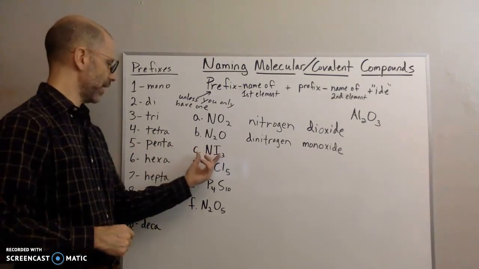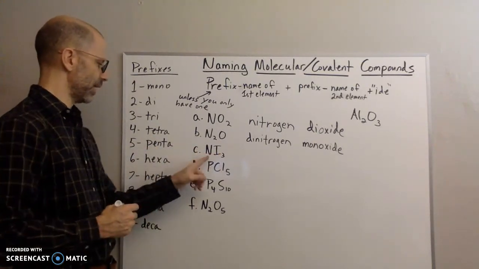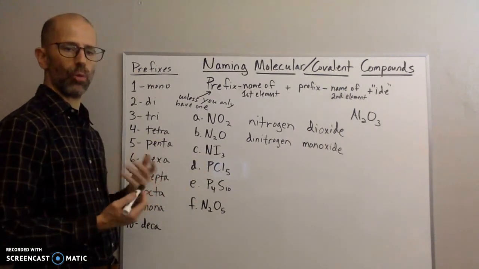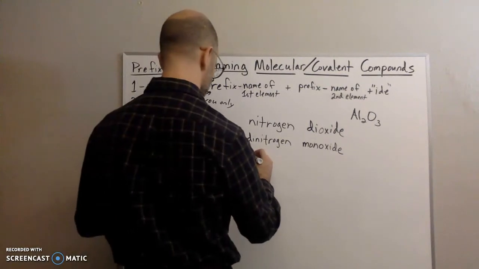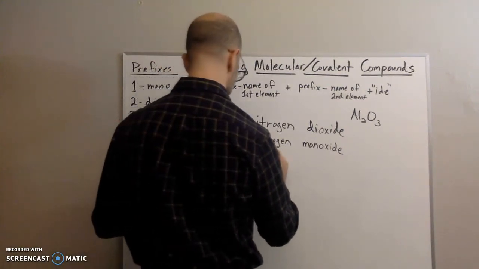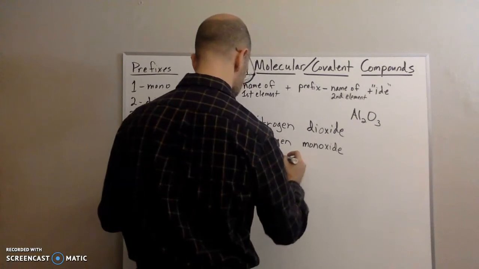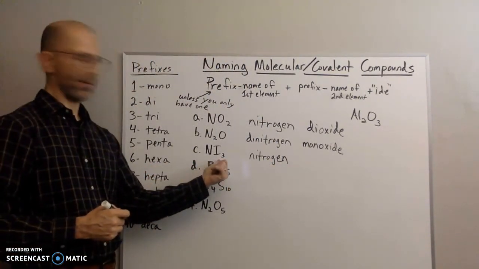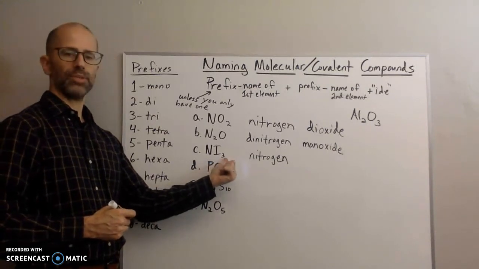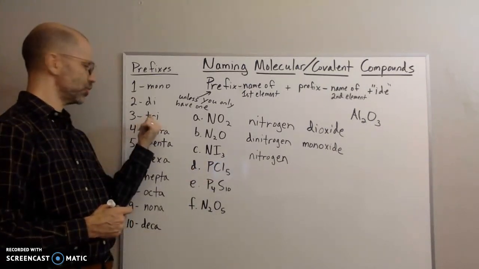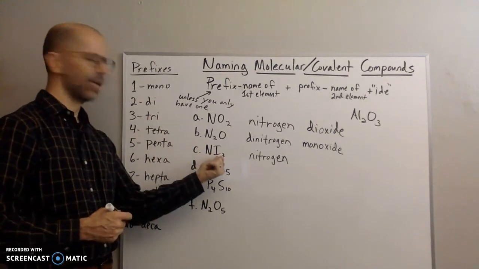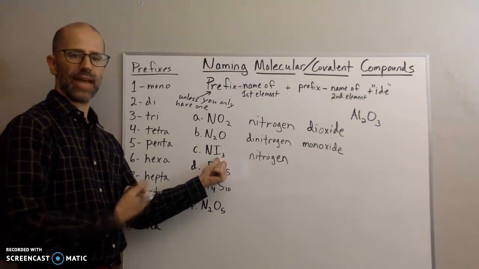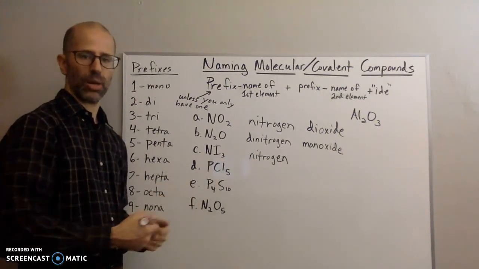Okay, what about NI3? Again, N for nitrogen, I only have 1, so no prefix, just the name nitrogen. I have iodine. I have 3 of them, so I need to use the prefix for 3, which is tri. In an ionic compound, I would name this as an ion, iodide, so that's what I'm going to use.